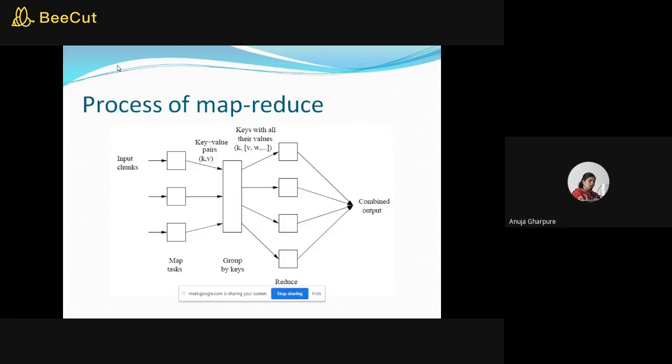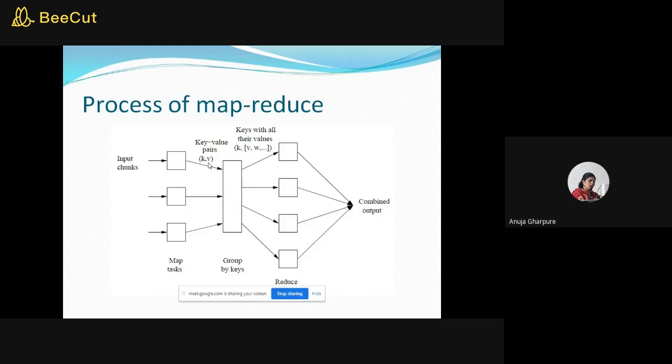From the map task, it will form the key value pair, K comma V. So what is the key here? Sushant will be a key, and what will be the value? The record which will match with the name Sushant. This is how the key value pairs will be formed by map task.